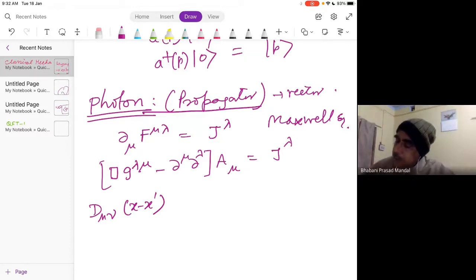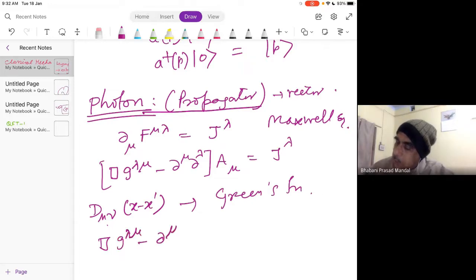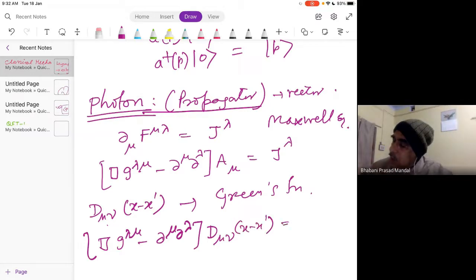So by definition, the Green's function, this box operator g lambda mu minus del mu del lambda, acting on A will be replaced by this propagator. So let me write D mu nu of x minus x prime will give you the delta function, delta 4 of x minus x prime. And now see this side, I have chosen my indices in such a way that it is not a scalar.